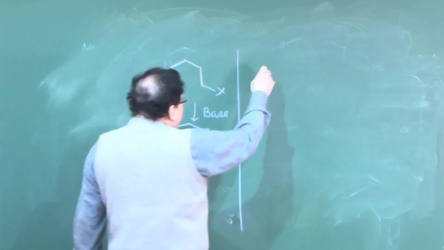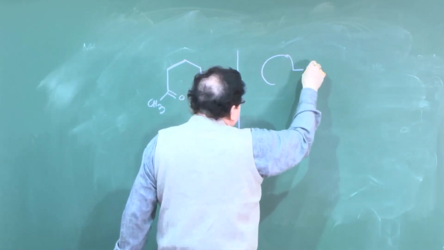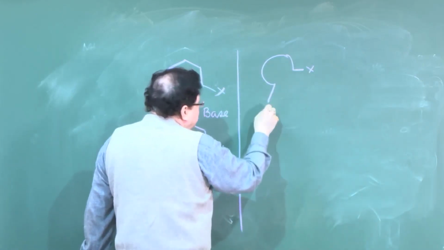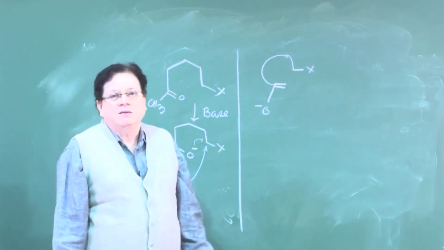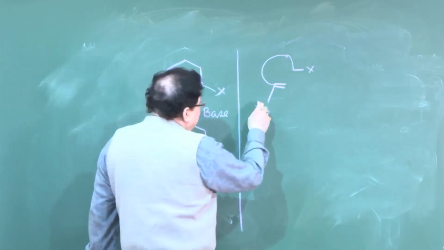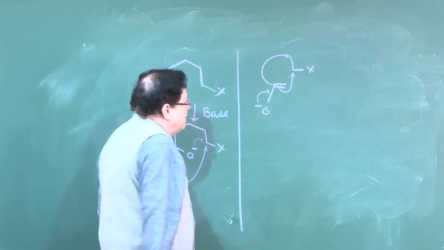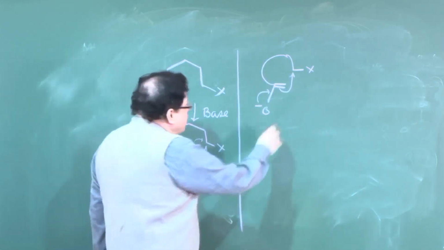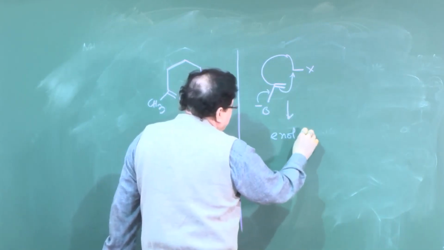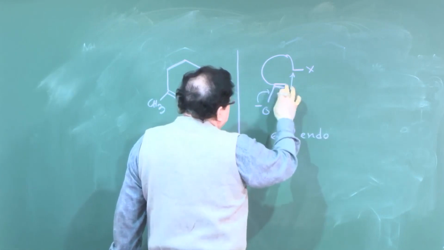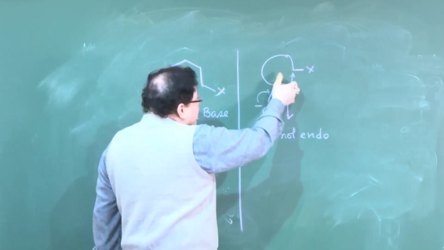Okay. See, first of all you have to define the exo-endo. Suppose you have a system like this, an enol which looks like this. Okay. If that be the case, then if this is the cyclization mode, that will be called enol endo. That means the enol double bond is actually endocyclic, because that is becoming part of the ring.